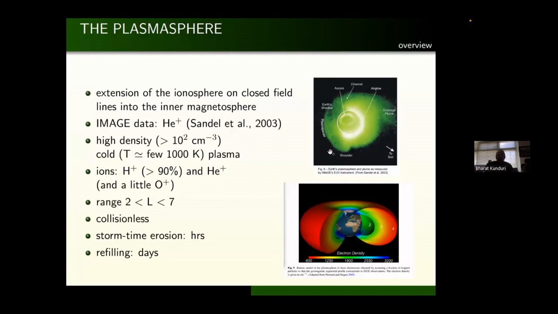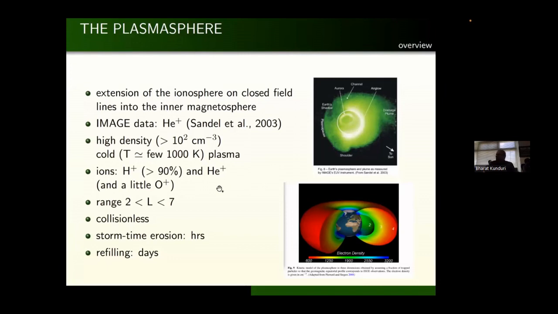The boundary between the inner magnetosphere and the plasmasphere is called the plasmapause. It's high density, more than 100 per cc, and it's relatively cold, maybe up to 30,000 K. Predominantly hydrogen with 10% helium, which is why we have this picture.